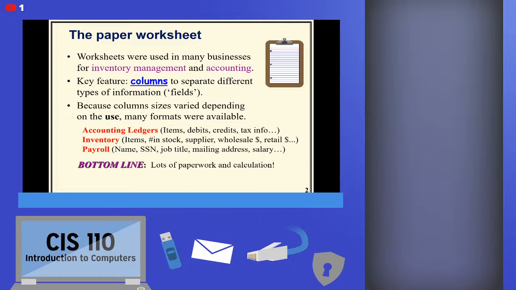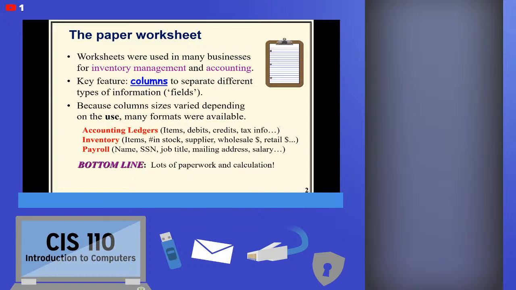What if you did something wrong and then used that wrong number in another calculation? And then used that wrong number in another calculation. And then all of a sudden your entire paper worksheet is just wrong.